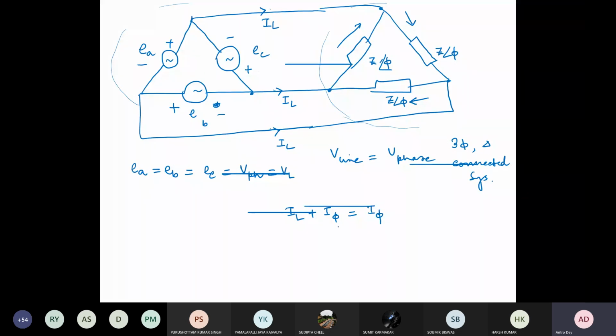So we can write your IL, if this is for phase A, as I phase, although they are the same, but let me write it for the sake of understanding. If this is for phase C, then IL is equal to IC minus IA.